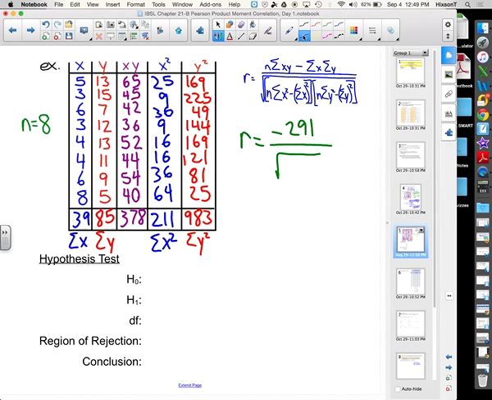And then here's the sum of the xy's. So when you're showing your work, I expect to at least see those 5 sums. And then as you're calculating your R value, show me what you got for your numerator and what you got for your denominator before you square root it.